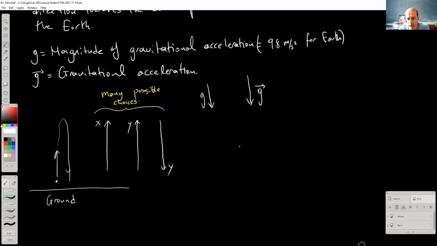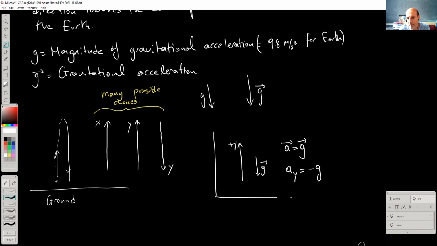For this choice, for example, if the y-axis is pointing upward, since the gravity is downward, the y component of the acceleration is equal to minus g.